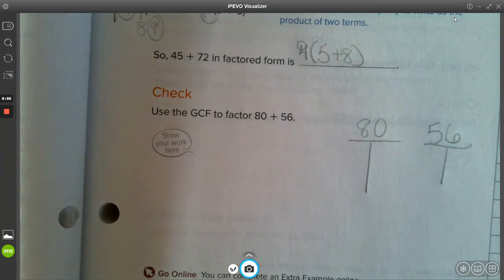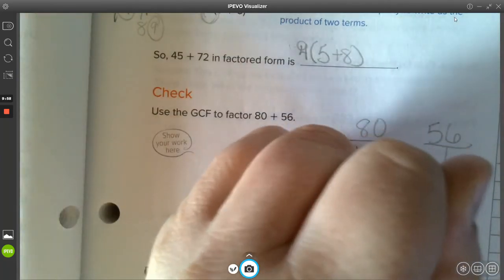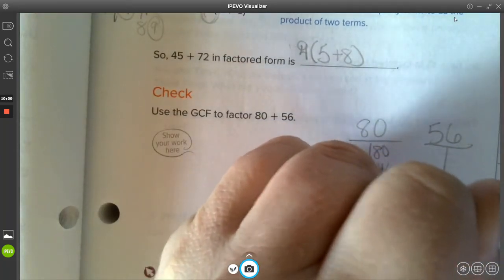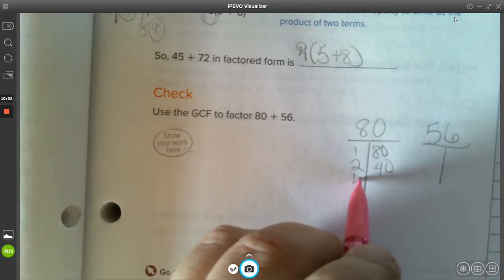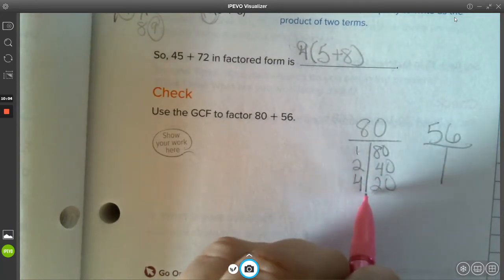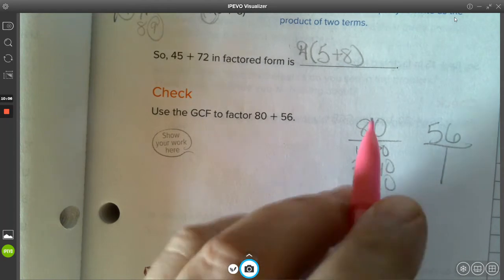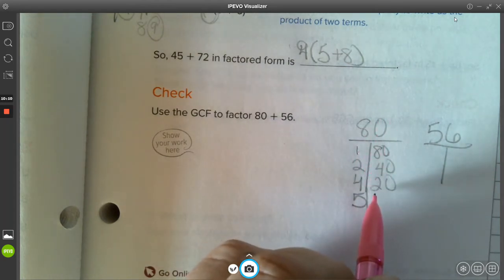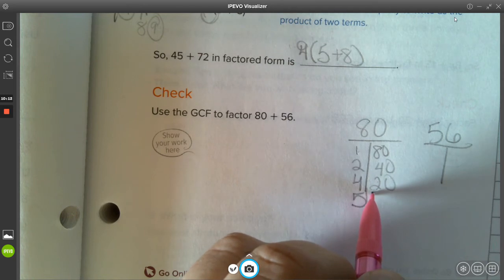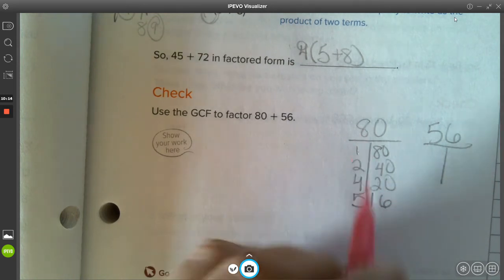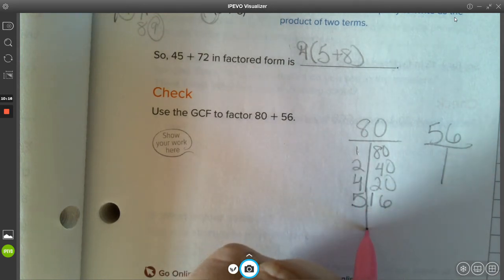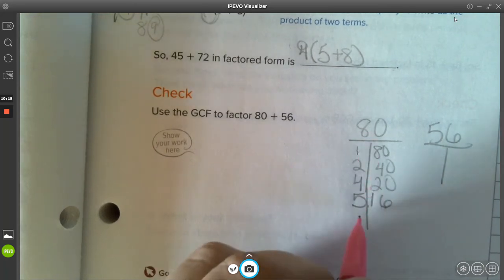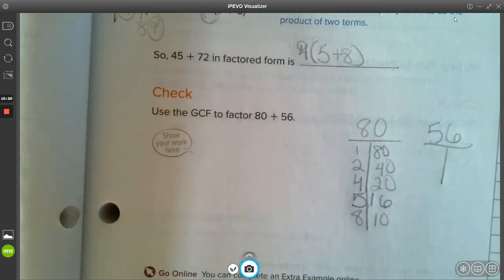Now, 1 and 80, 2 and 40, 3, 4 and 20, 5 and 16, 6, no, 7, no, 8 and 10, right?